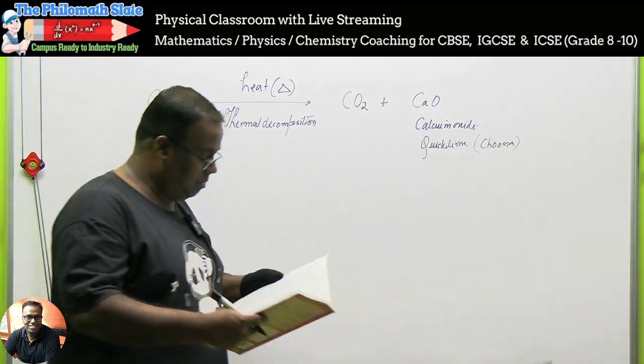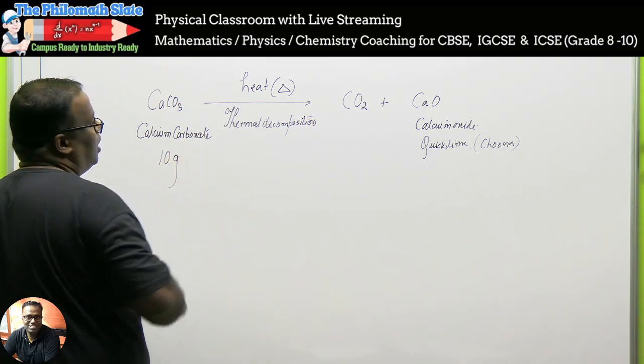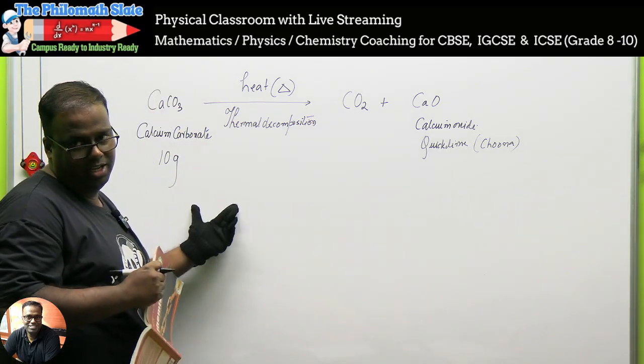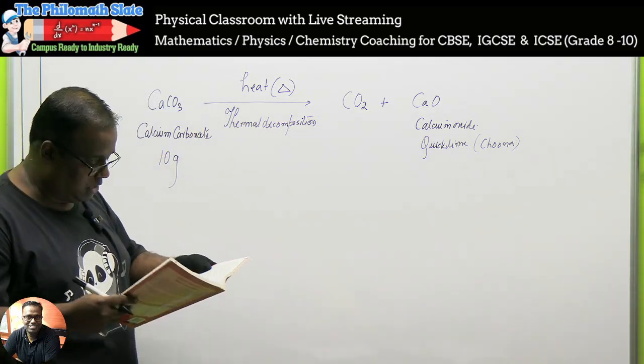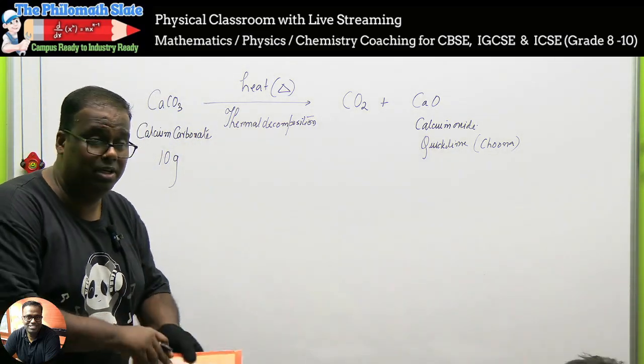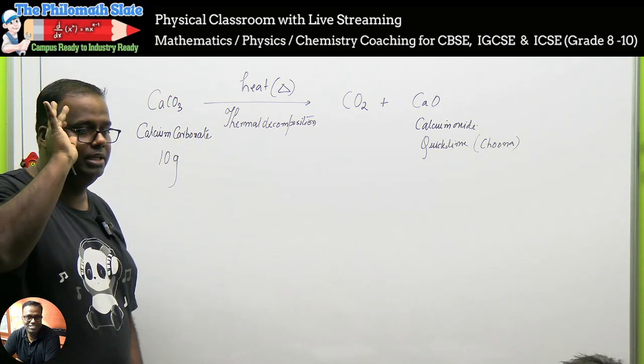So the problem is something like this. They say that 10 grams of calcium carbonate is decomposed completely. So what is the reactant? 10. So in product we should get 10. Decomposed completely means the reaction completely ended.